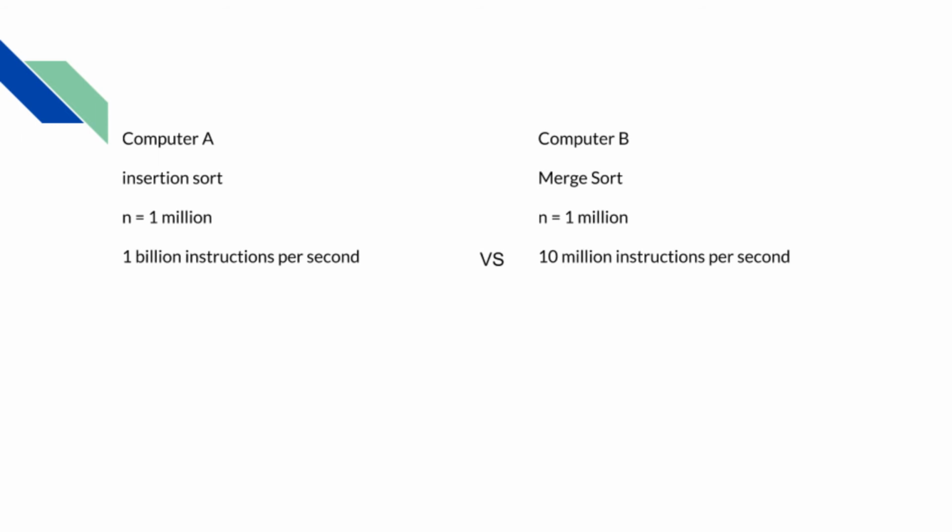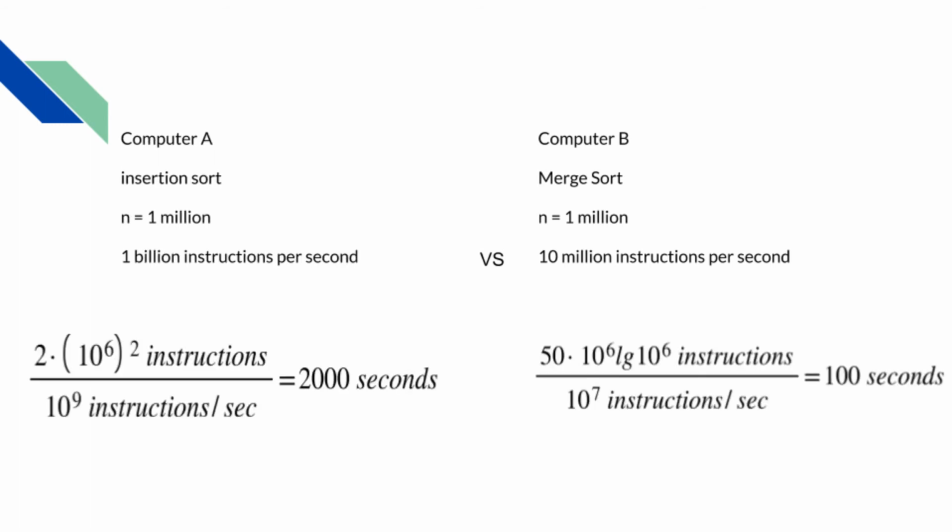To make the difference even more dramatic, suppose that the world's craftiest programmer codes insertion sort in machine language for computer A, and the resulting code requires 2n squared instructions to sort n numbers. Here, C1 equals 2.